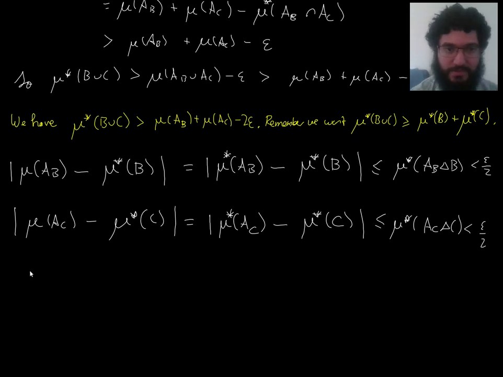All right, so that means mu of AC is in an epsilon over 2 window centered at mu star C, right? And mu of AB is in an epsilon over 2 window centered at mu star B. So starting with what we have here, we have this.